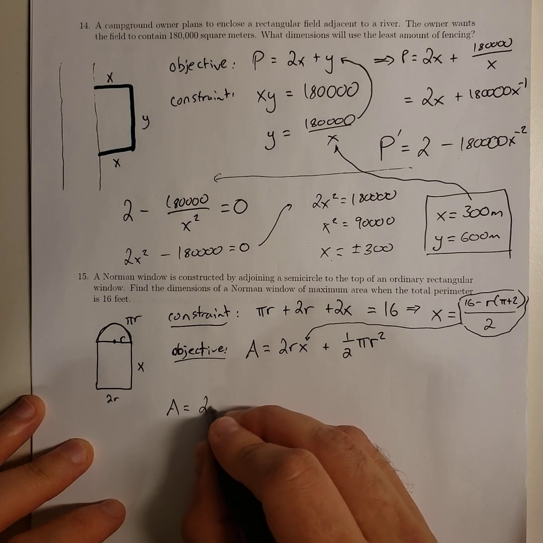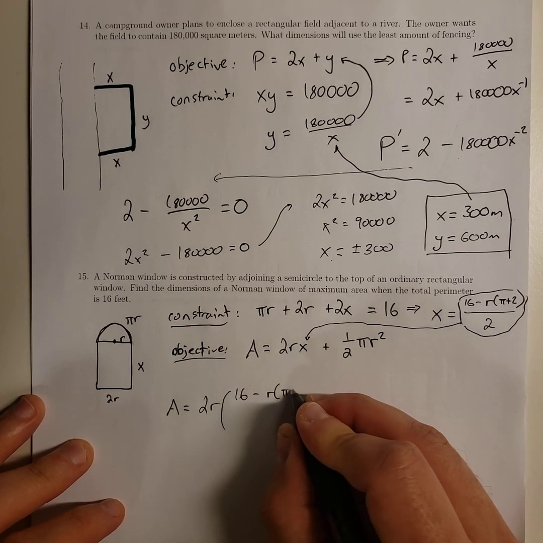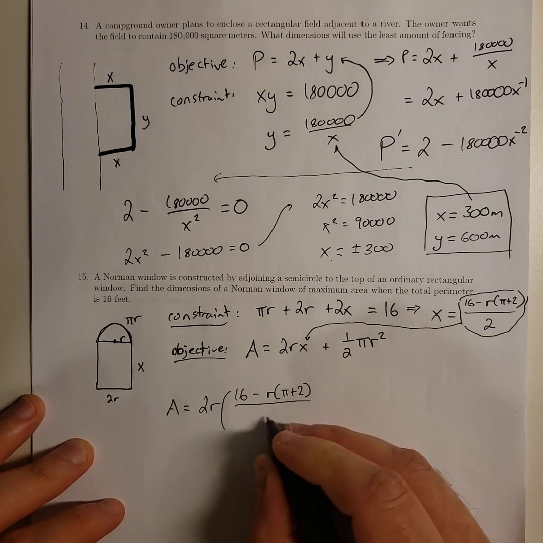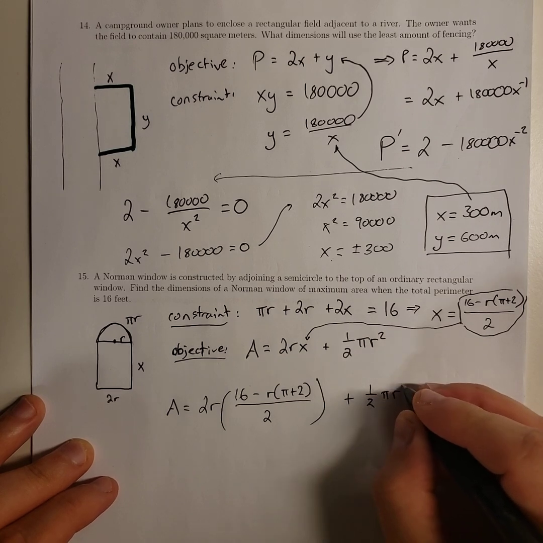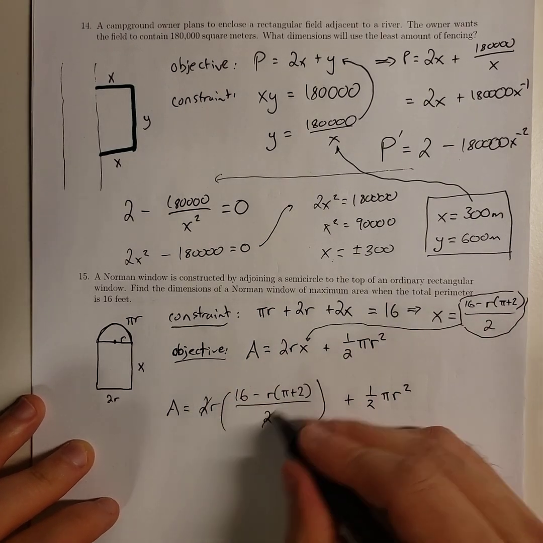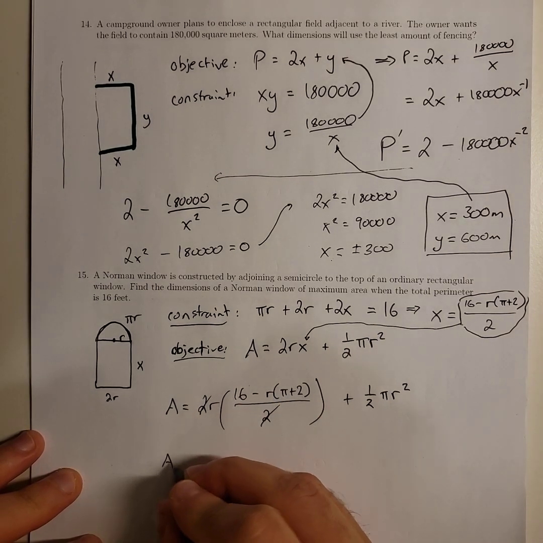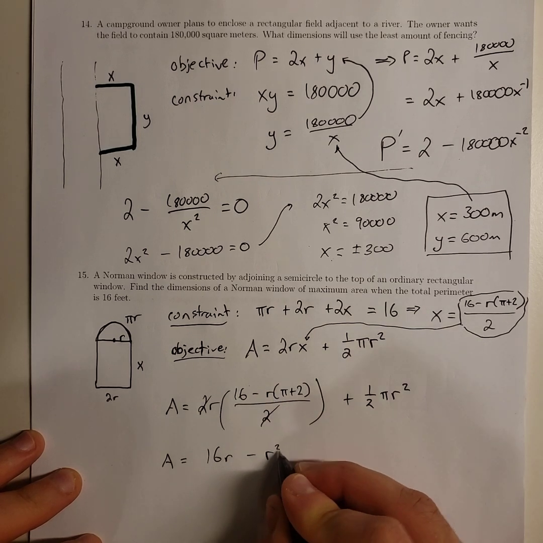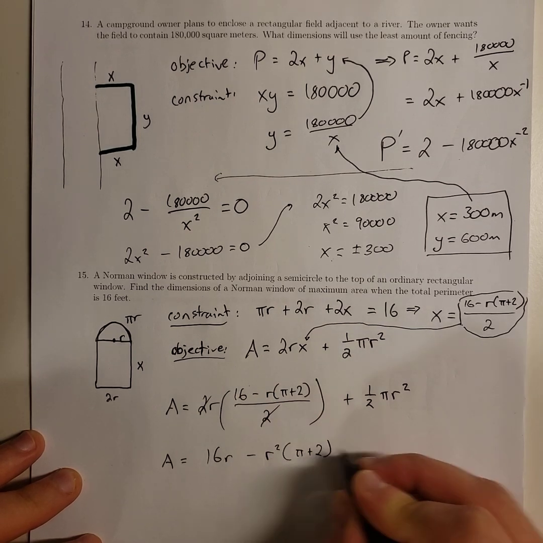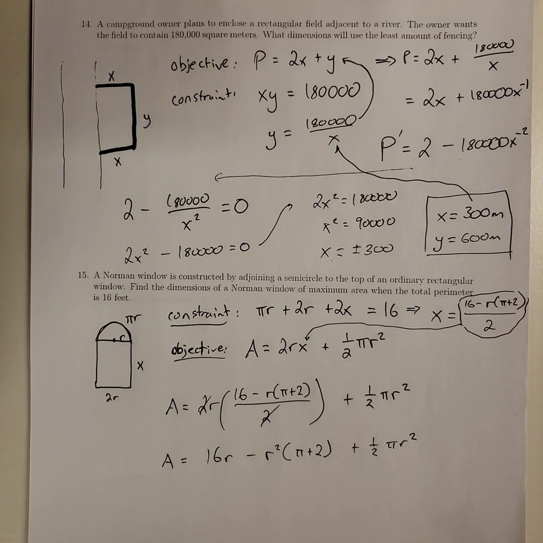So our area, I'll write it out first so we see that it's going to cancel. Let's go ahead and distribute this r. So we get 16r. We're going to get r squared times pi plus 2. And we have our 1/2 pi r squared. So now we're ready to take the derivative.